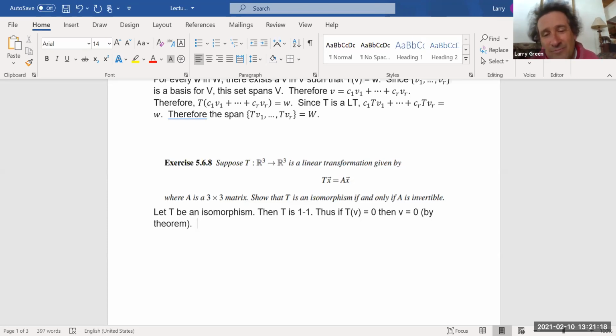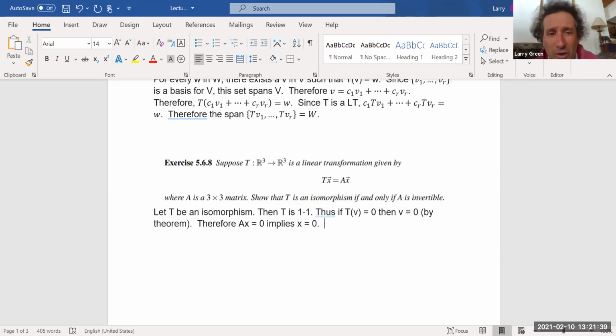Okay, so now let's just use the definition of T. So therefore, we know that AX equals 0 implies X equals 0.